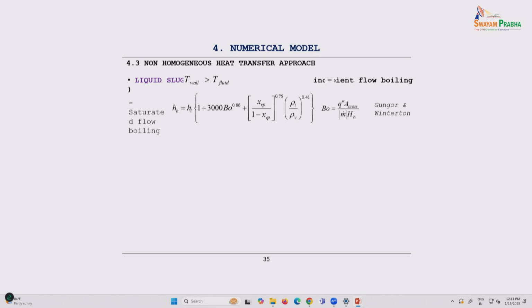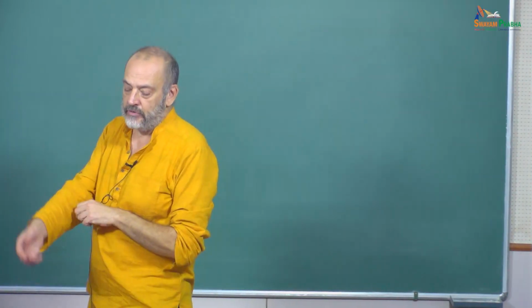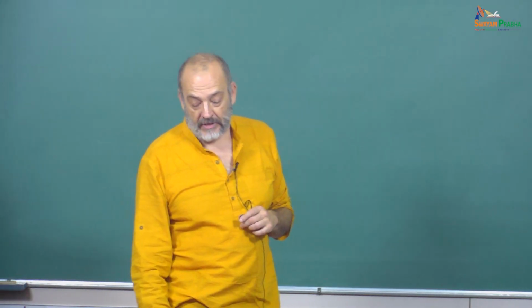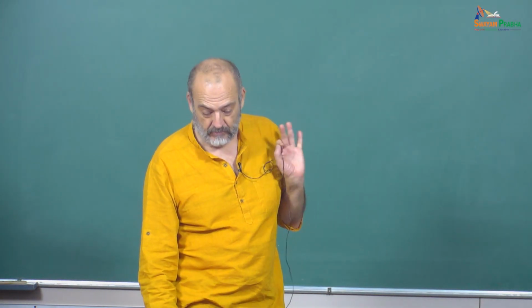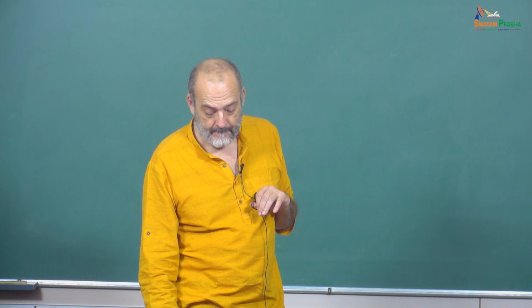And for the boiling, we use an expression to get the heat transfer coefficient. There are tens of possible empirical and semi-empirical correlations, and we use the one from Gungor and Winterton. But again, you can use other ones.